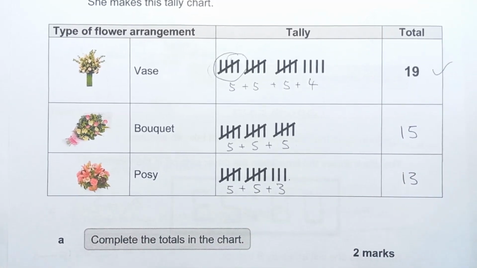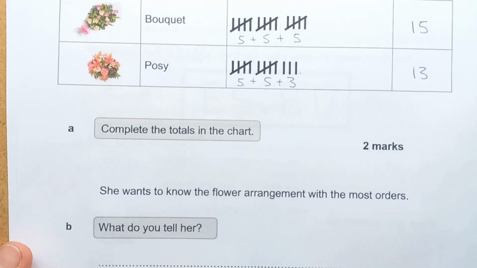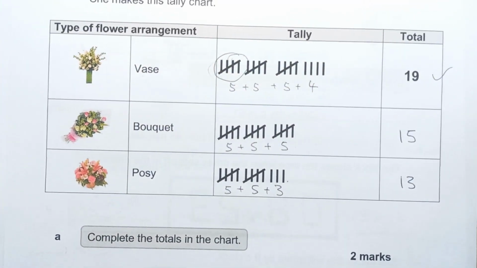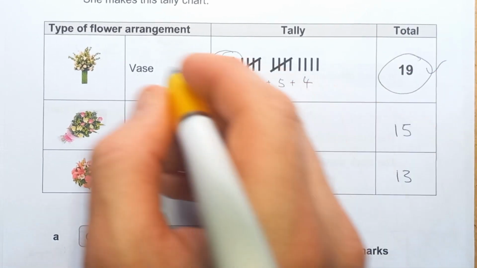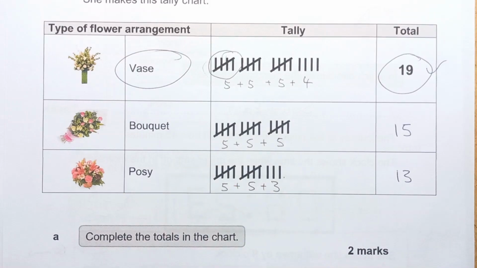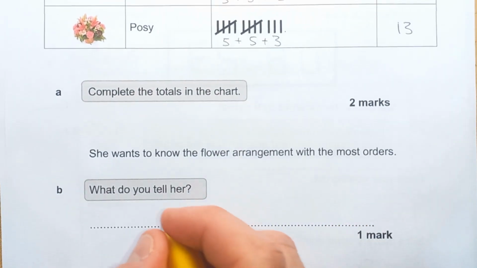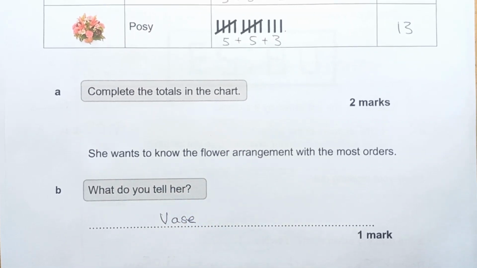And you can use your calculator to help with the addition if you want to. Okay. And she wants to know the flower arrangement with the most orders. So we're looking at which is the biggest number. Well, the biggest number is 19, and that's the vase. So we can put that in there.